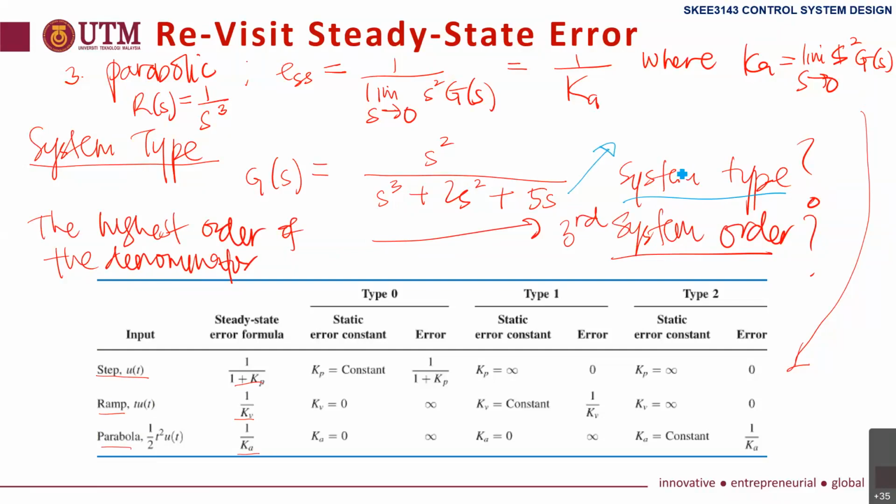Okay, we take the denominator again, then we try to represent it in this form, as 2s plus 5. Here is power of 1. Thank you, Connie. This is known as system type. For this one, type 1.